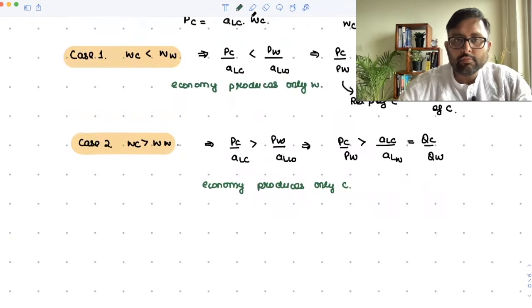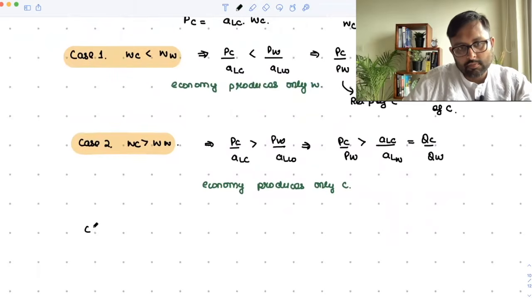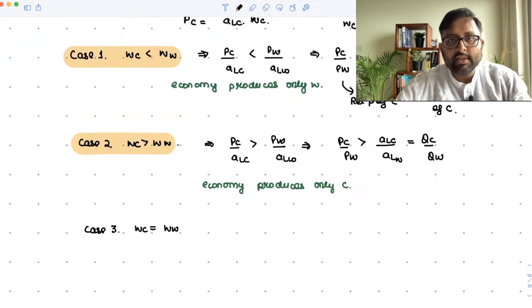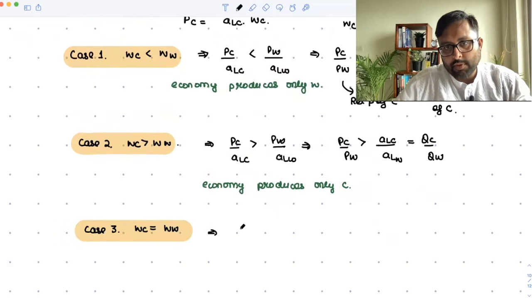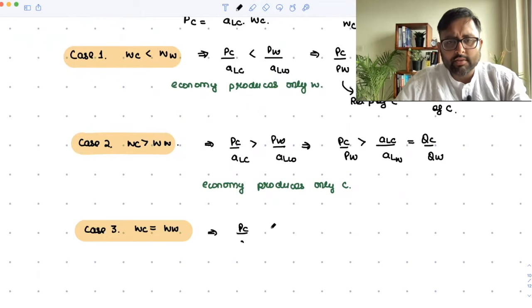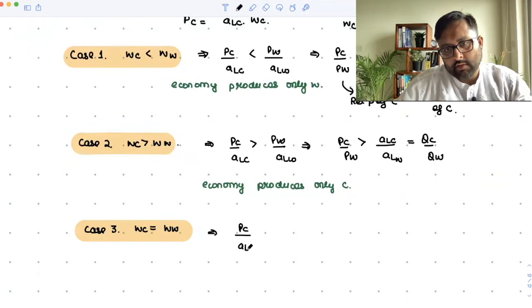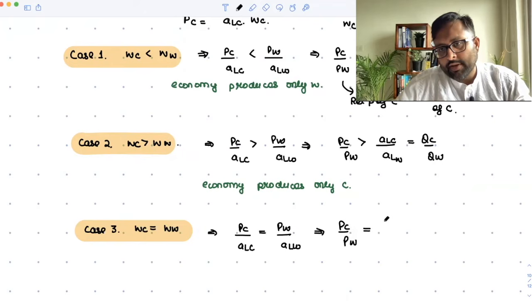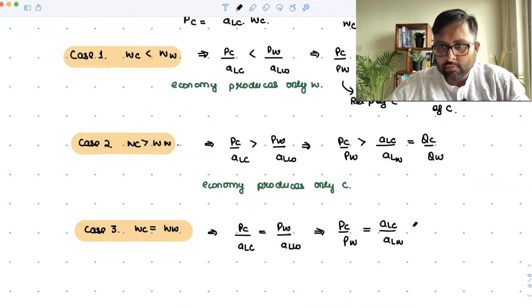Then case 3. WC is equal to WW. That would mean PC by ALC is equal to PW by ALW, that is, PC by PW equals ALC by ALW, which is equivalent to QC by QW.